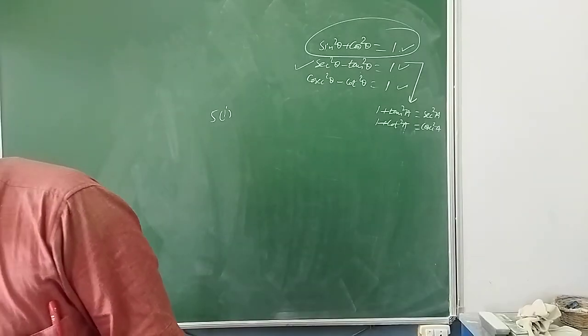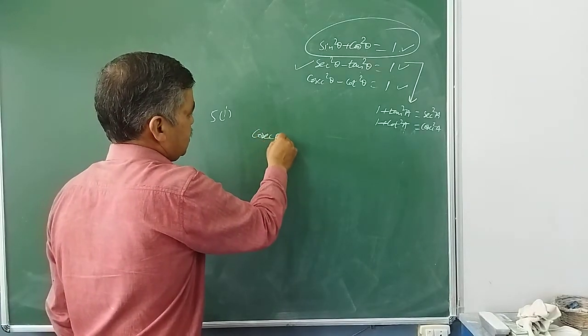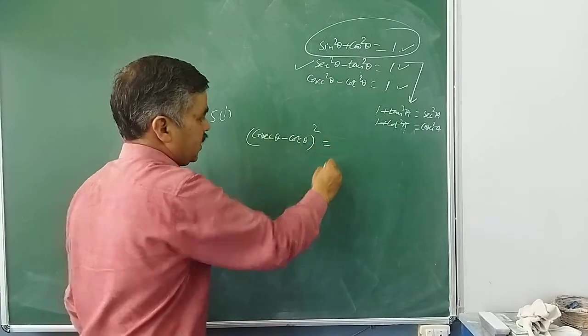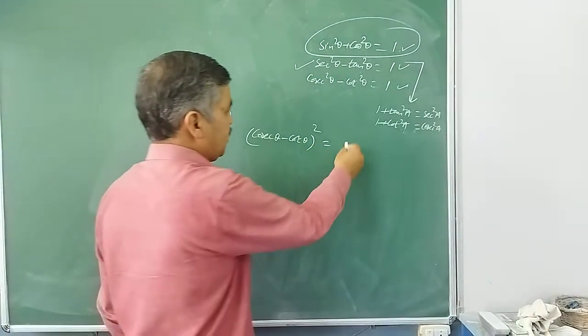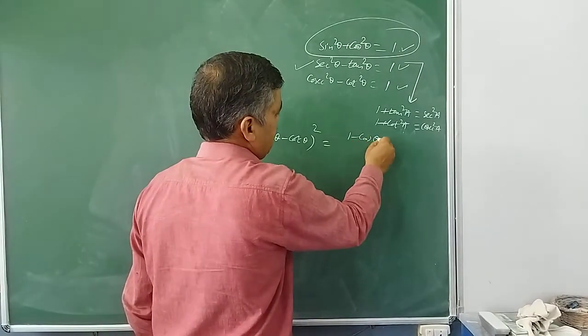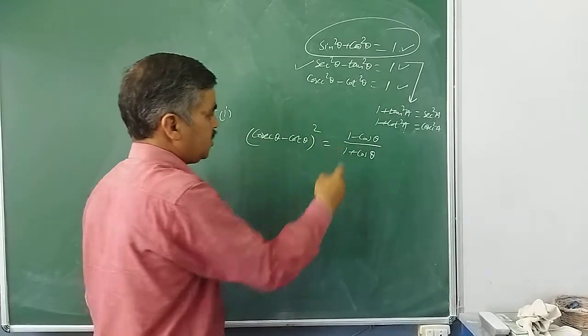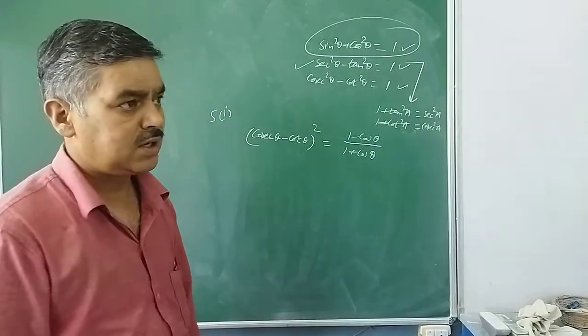Let us take the first one: cosec theta minus cot theta whole square is equal to 1 minus cos theta upon 1 plus cos theta. So I will share the answer in both ways. You can start with the left hand side or you can start with the right hand side.